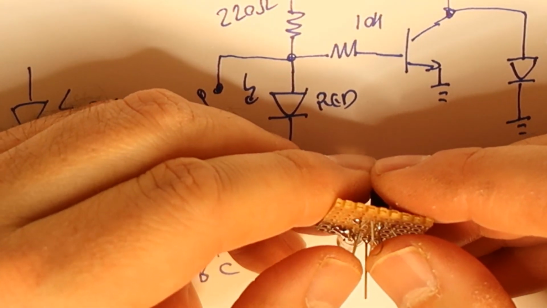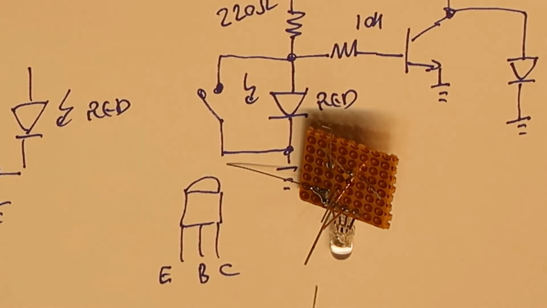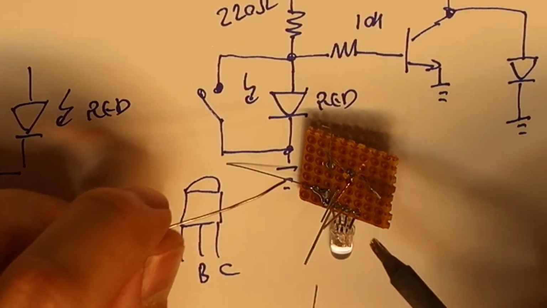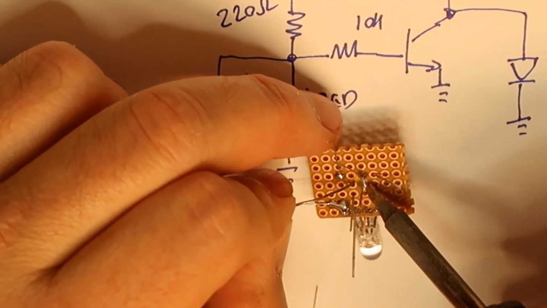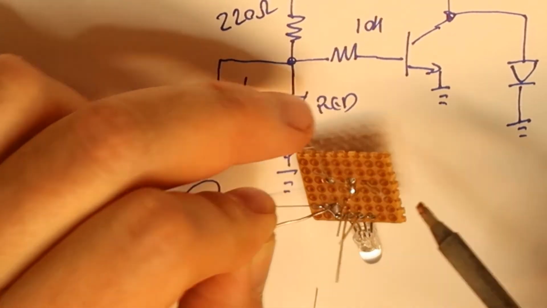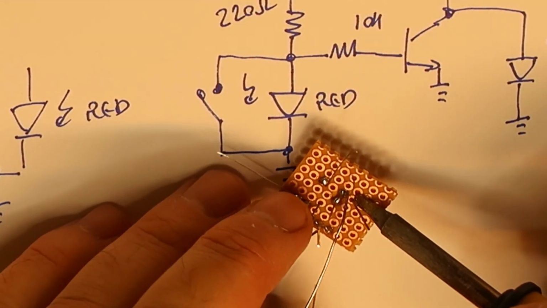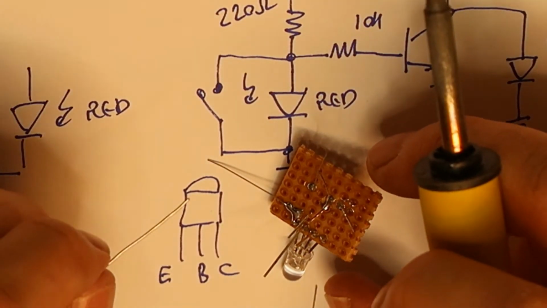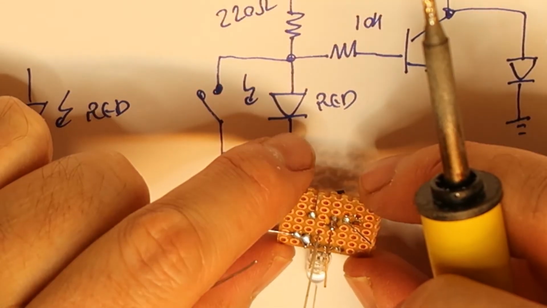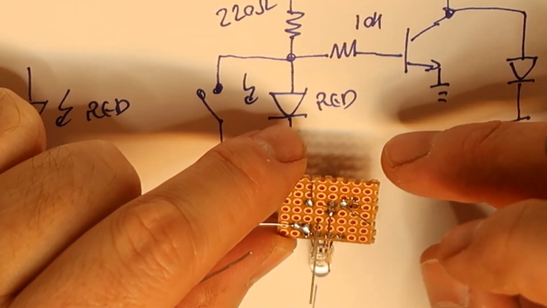So let's connect it. I can already connect the base, and also, okay, first let's connect the base. Connected. Now the other side will go to this pin of the LED.